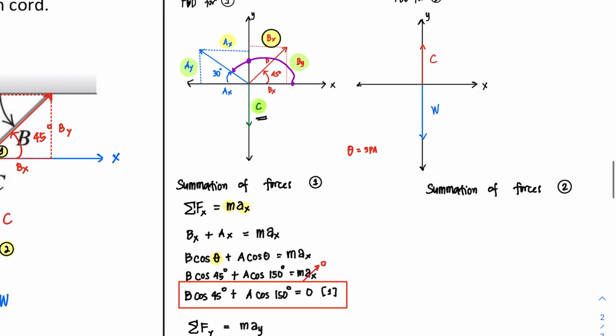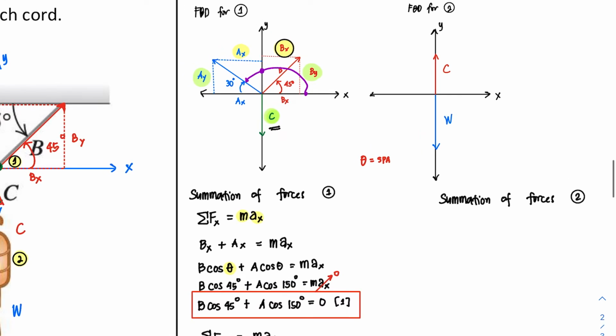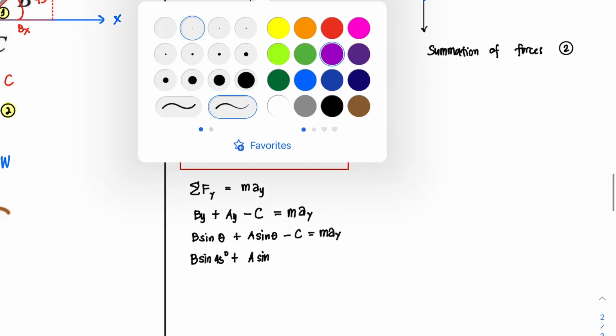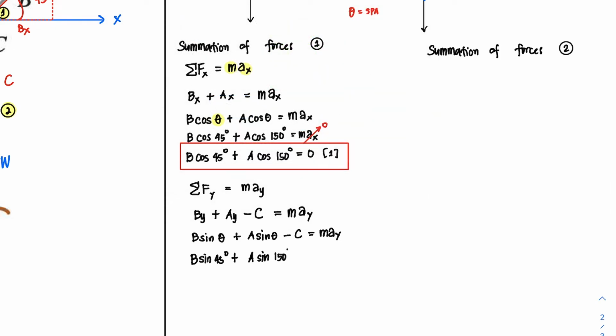So what's the angle that we are going to use for vector A? Vector A is the one in blue over here. Clearly we use the SPA measured, I keep on repeating this, from the positive x-axis, and measure that angle until you reach your vector A, and that is clearly 150 degrees. So you write A sine of 150 degrees minus tension C is equal to m a sub y.